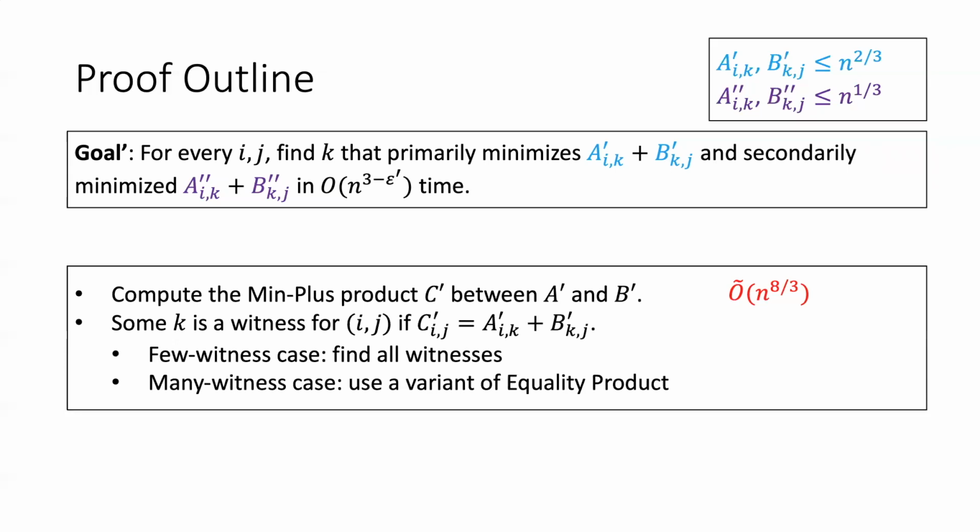And now we call some k a witness for ij if C prime_ij equals A prime_ik plus B prime_kj. And we also consider two cases, the few witness case and the many witness case. If ij only has a few witnesses, then we'll find all the witnesses. And if ij has many witnesses, we'll use a variant of equality product to solve it efficiently.